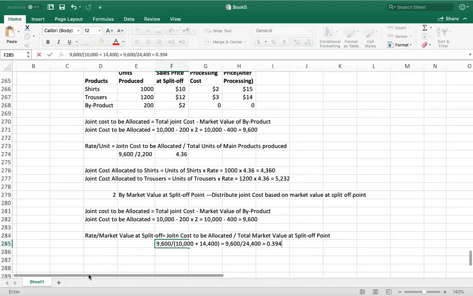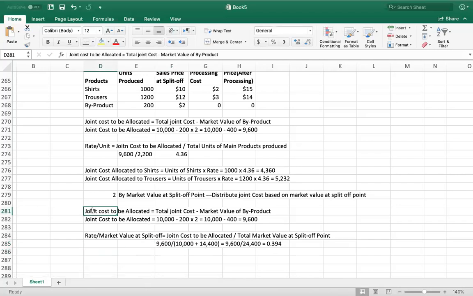Now you can see how much joint cost is to be allocated. It is the same type of formula, but you change it a little bit.